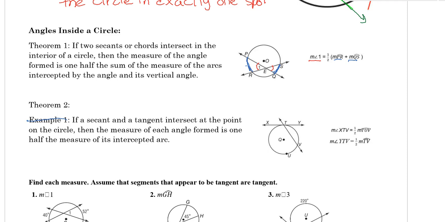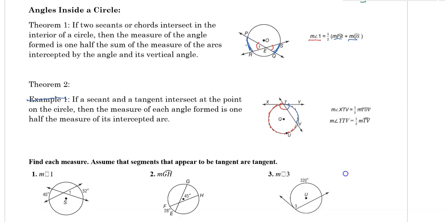Then the measure of each angle formed is 1/2 the measure of the intercepted arc. So for example, this angle, XTB, is 1/2 this arc. This angle is 1/2 that arc. Okay.